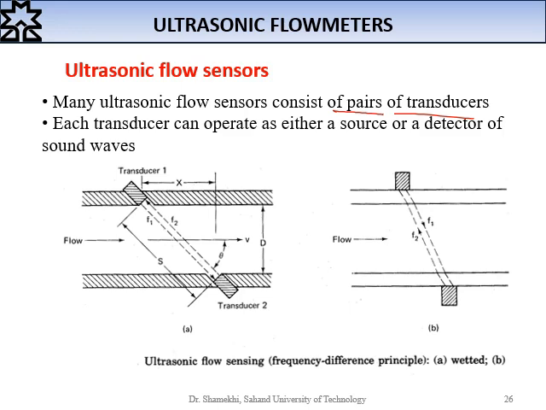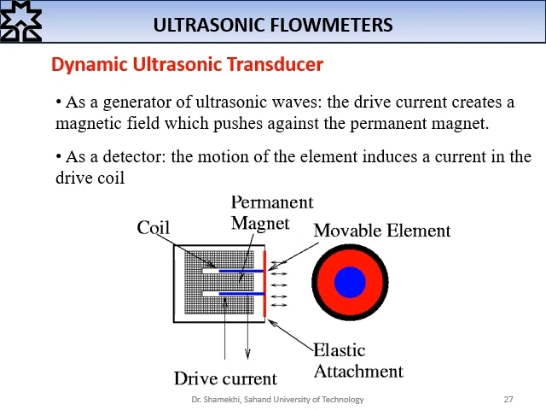As you can see in this type of ultrasonic flow sensor, we have two transducers, transducer 1 and 2. Each transducer can operate, as I told you before, as either a source or a detector of sound waves. As you can see in this slide, the simplified structure of a dynamic ultrasonic transducer.